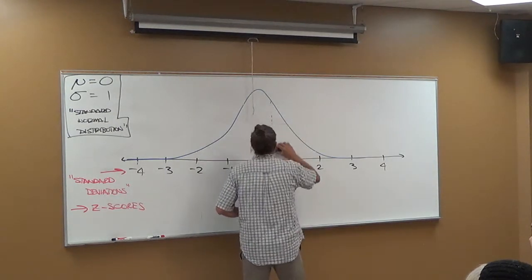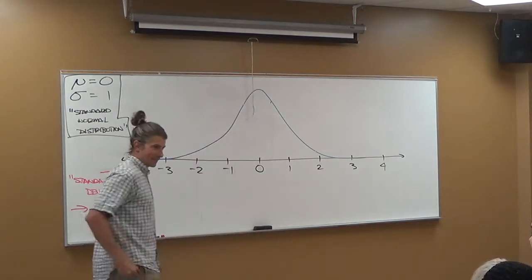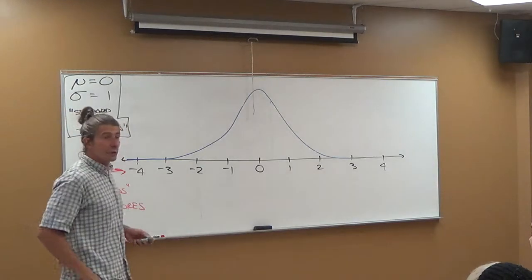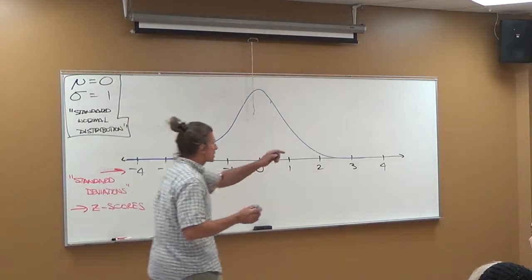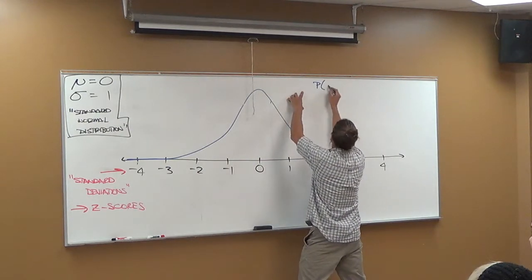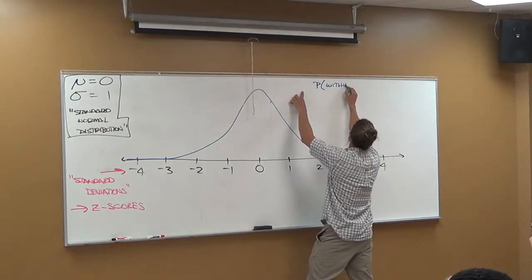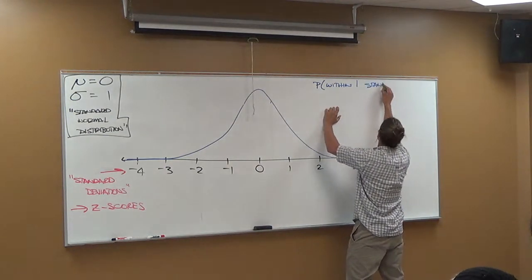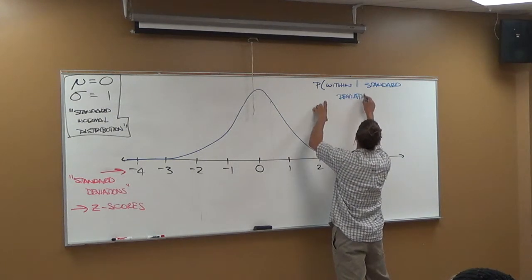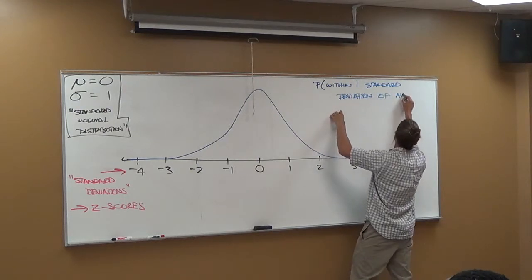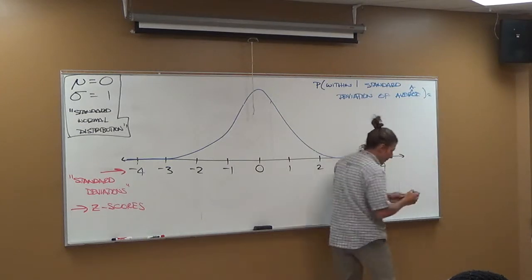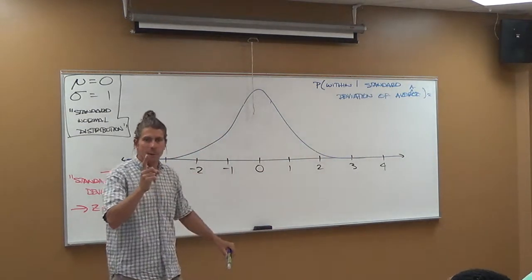What they do is they talk about the ranges between values. So for example, you already know some of these. This curve right here, what's the probability that you're within 1 standard deviation of average?